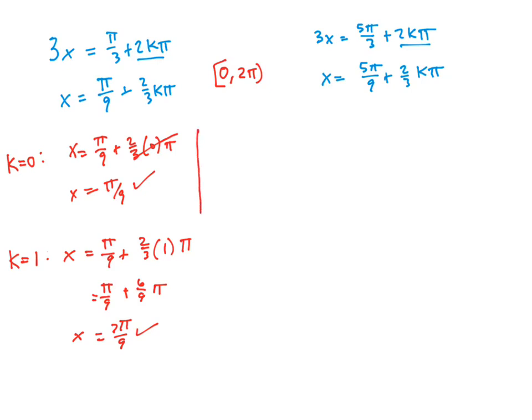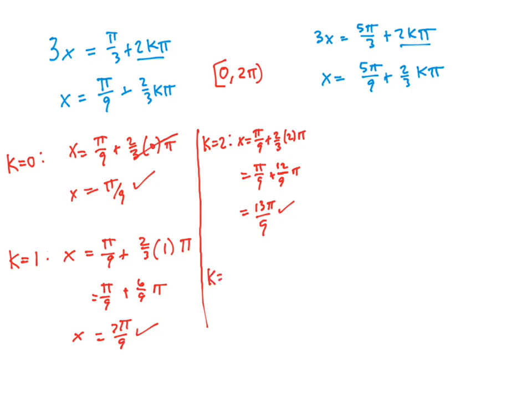Let's check k equal to 2. I get x is equal to pi over 9 plus 2/3 times 2 times pi. 2 times 2/3 is 4/3. Getting a common denominator, I get 12/9 pi. That gives us 13 pi over 9. Again, that's greater than 0, but it's still less than 2 pi.